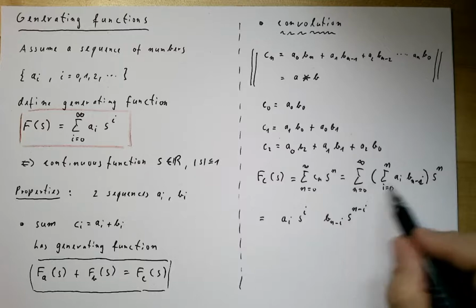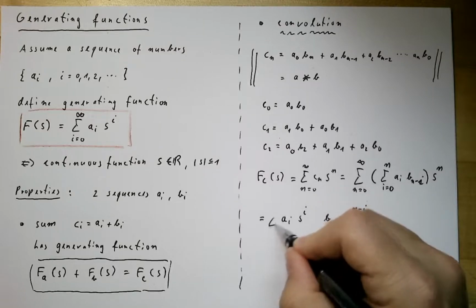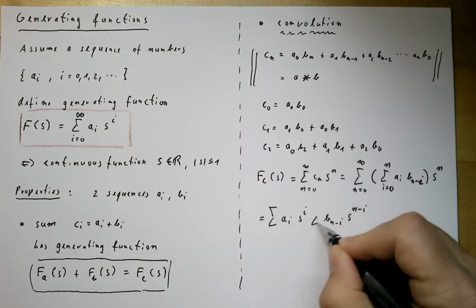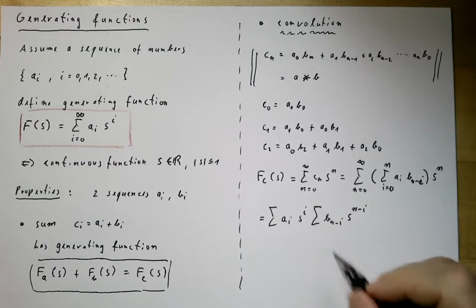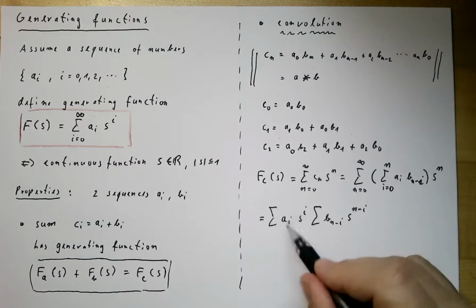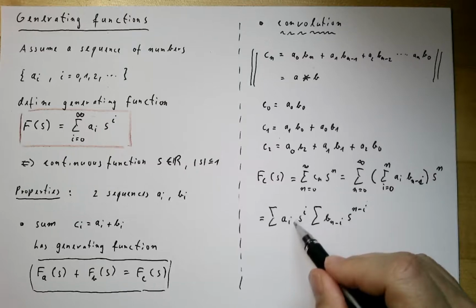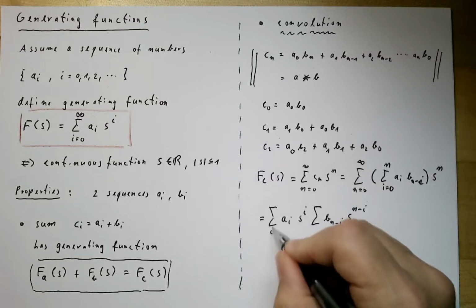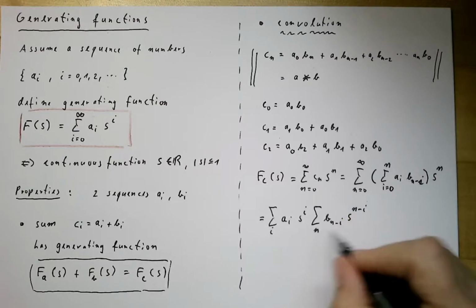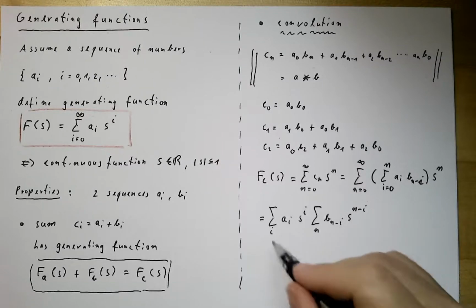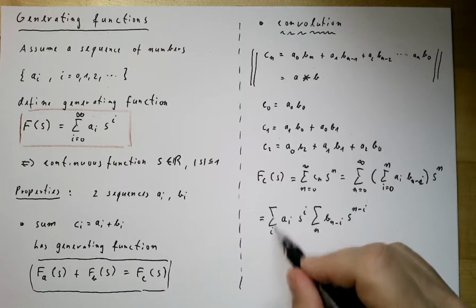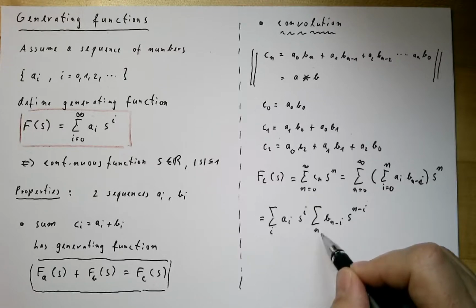And now I change the sums, and I do this in such a way because you see this here doesn't depend on n. So here I sum over the I, and here I sum over n, because these terms depend on n and I. And now, what is the range of values the sums have to go over?